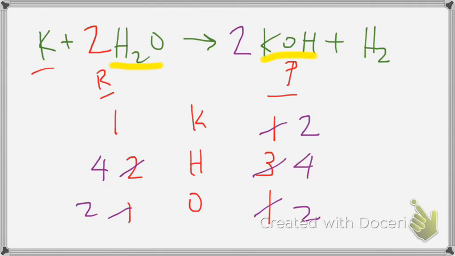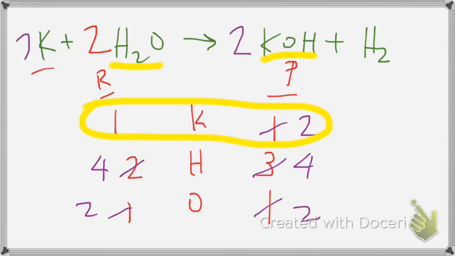So if we now notice, the only thing out of balance is this number of potassiums. So if we put a 2 in front of the potassium there, that's going to change this to 2. So now everything is balanced. So it's 2 potassium metals plus 2 molar equivalents of water to form 2 potassium hydroxides and hydrogen gas.